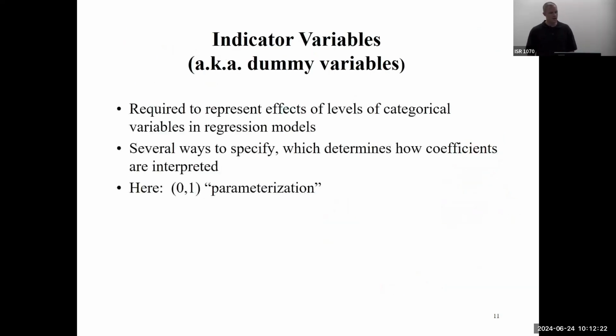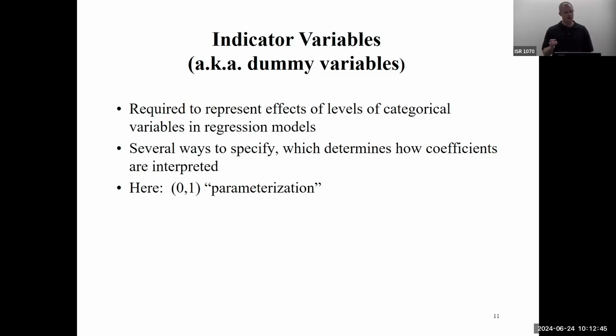So one way that you can account for the relationship of a categorical variable with a dependent variable is to include these indicator variables, or put differently, dummy variables, as they're sometimes called. And these are required to represent the effects or the changes in the mean, in this context, of levels of categorical variables in regression models.